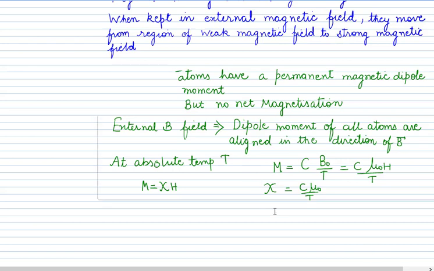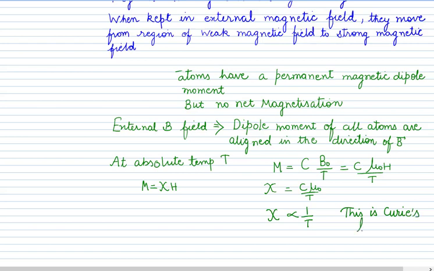So for Xi, magnetic susceptibility is proportional to 1 upon T. C is a Curie constant, so we call this law Curie's law. This is very important for paramagnetic materials.